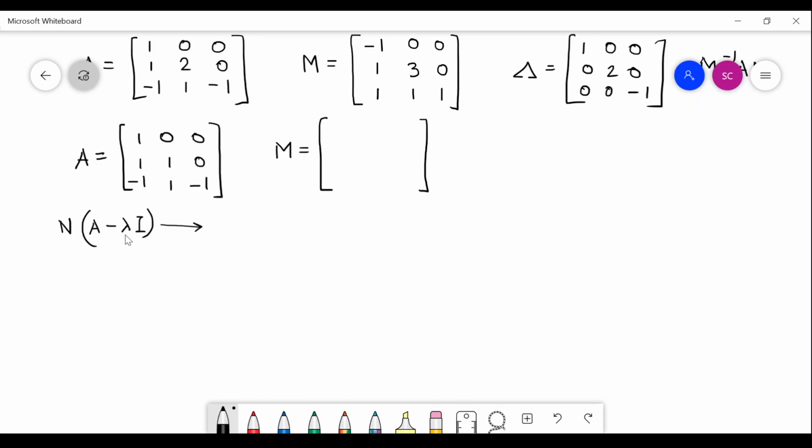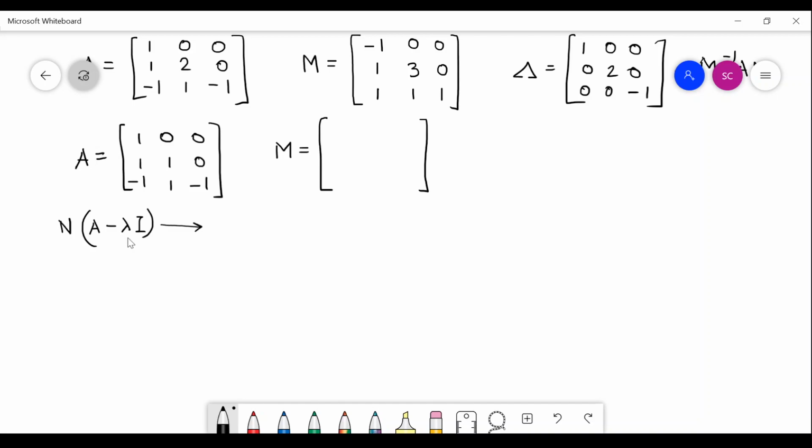Since your lambda is 1 and you are using this one again and again to find two basis vectors, you can have a very good guess that you are trying to find the null space of A minus I, and the basis vector that you will find would be exactly the same when you find the null space of A minus I one more time.